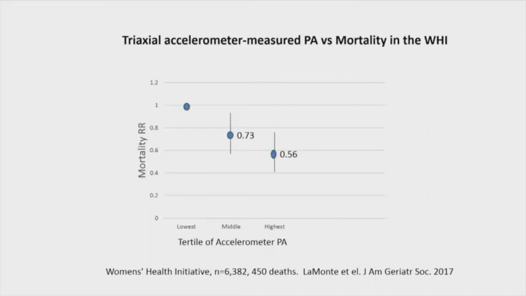I think it's fair to say, Rory showed some data that the accelerometer actually does give you a somewhat better measure than self-reported activity, probably because it's really picking up activity 24 hours a day, not just the things we ask on questionnaires, which are usually leisure time activity, activity commuting if you walk or ride a bike, and occupational activity. But essentially, the self-reported data gave us essentially the same answer as the accelerometer data.